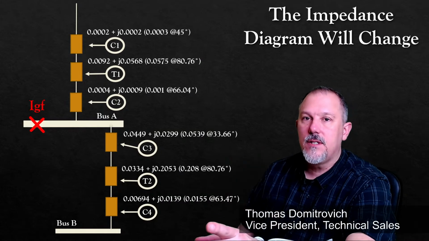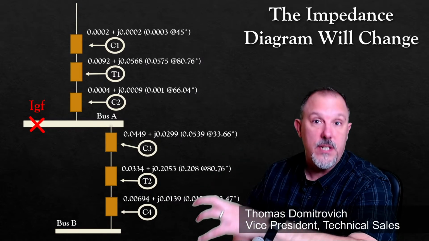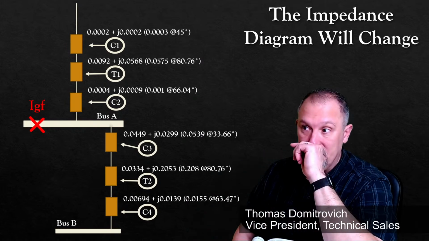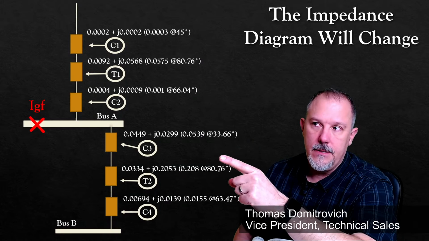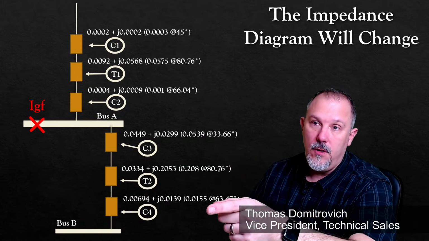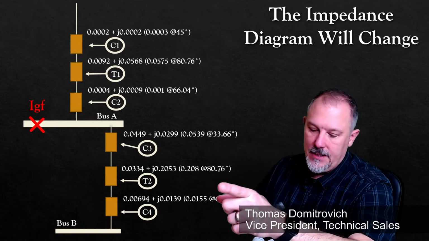The difference from a symmetrical components perspective is the zero sequence. Now, not only is this diagram going to be different, but also some of your impedances will be different.